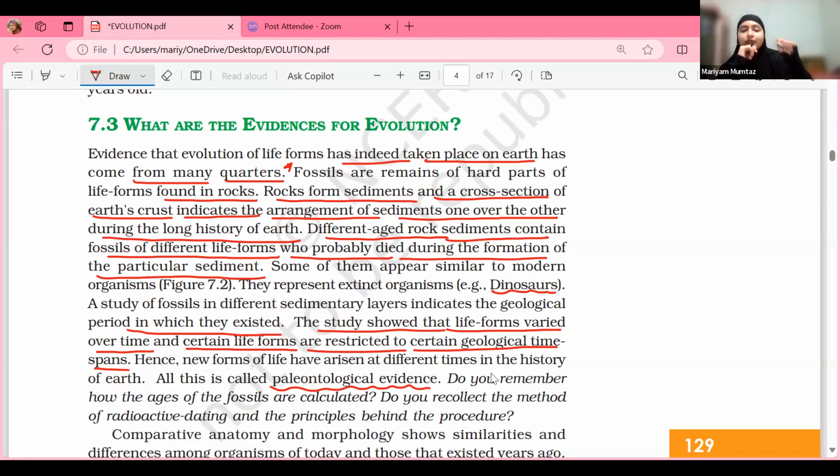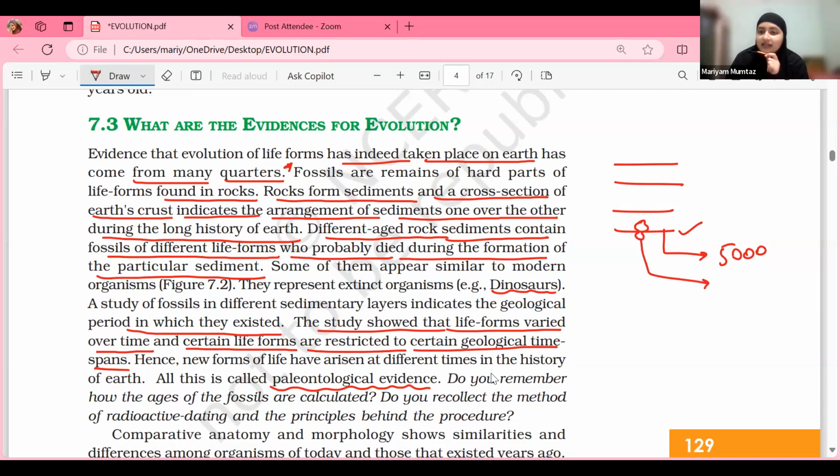So when we study each layer, like we saw the soil, these many layers are there. We're talking about this layer, where an organism fossilized was found. Now, if we make out that this layer was, let's just say, 5,000 years old, then this fossil existed at that particular point of time.